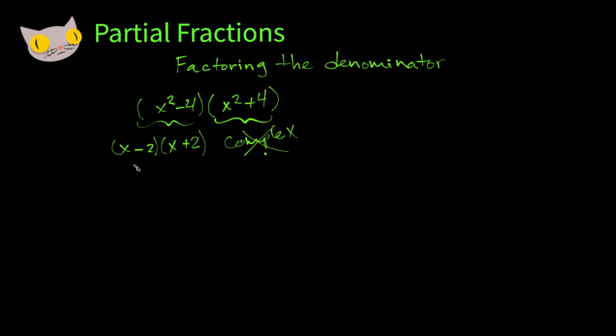That's not ideal. So what you're going to want is x minus 2, x plus 2, and then just leave x squared plus 4 how it is. And that would be your denominator. You don't want to deal with complex numbers. Just try to avoid it.